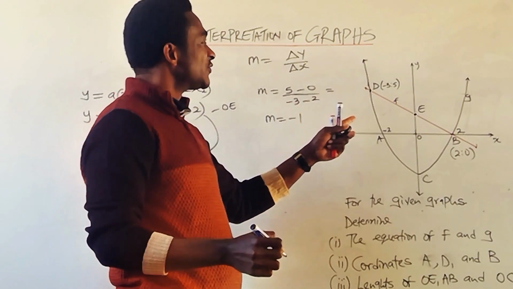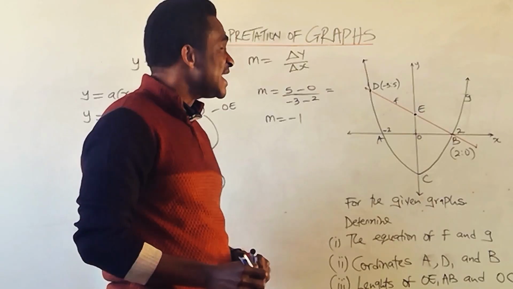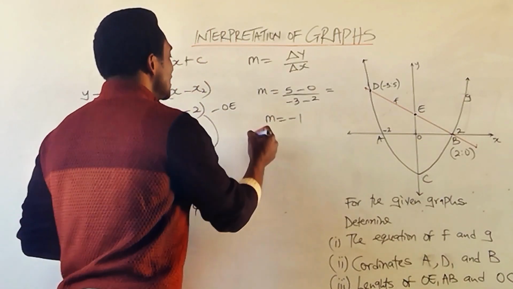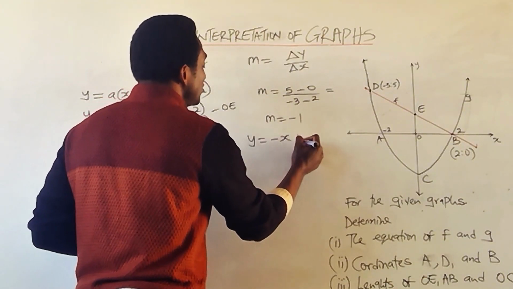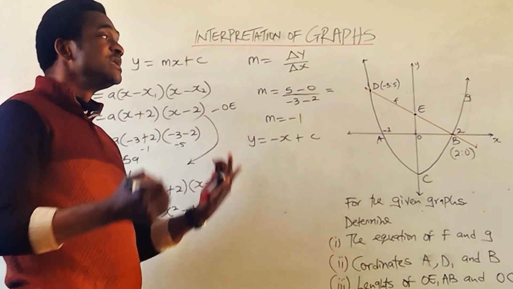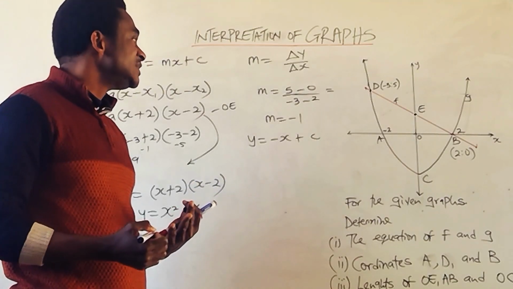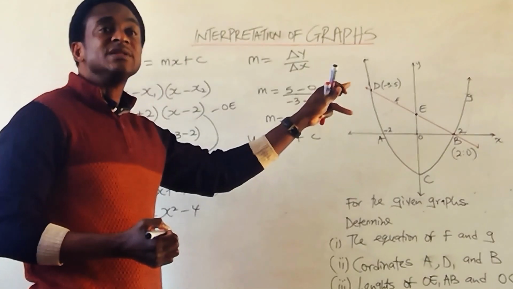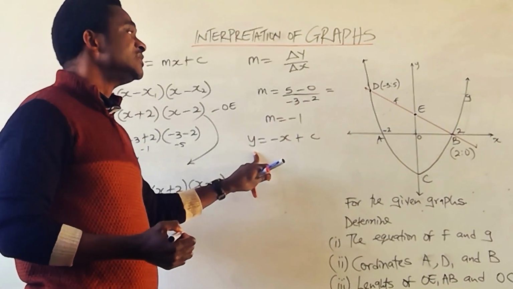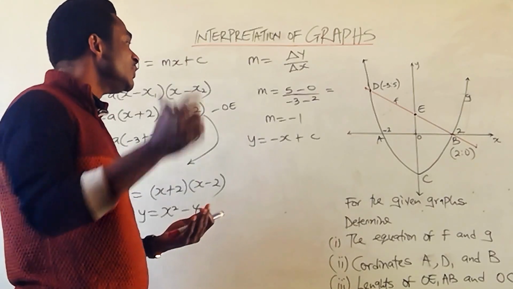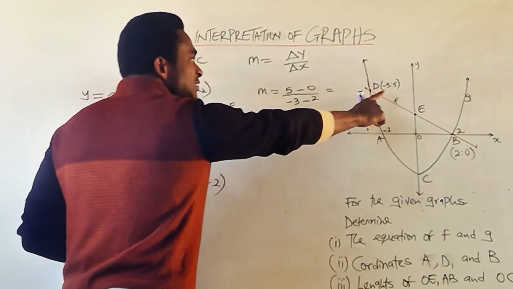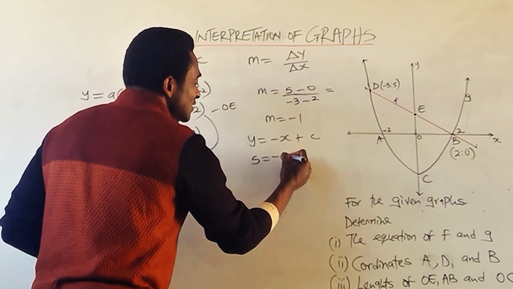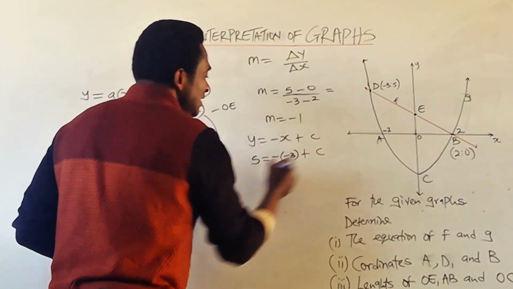If we look at the shape of the graph, we'll see that we have a negative gradient here. So having this, we can write -x plus c. Now, same approach. How do we get our c? Just like we did with a, we substitute a given coordinate into the original equation to get our c, and then after we put it back. Now, if we choose this, y is 5 and x is -3, so we have -(-3) plus c.